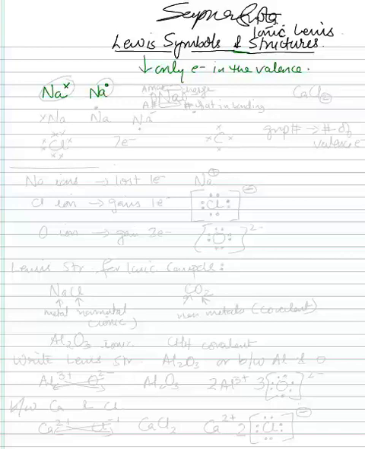One important thing that I usually mention in my lecture in class: when you write a symbol for an element, you write the atomic number over here and the mass number on the top. Then for any element, you will write the charge on that element, so sodium plus, or 2 plus, you will write here.